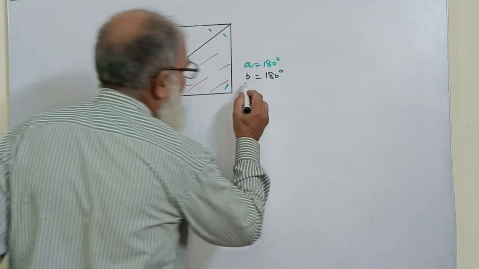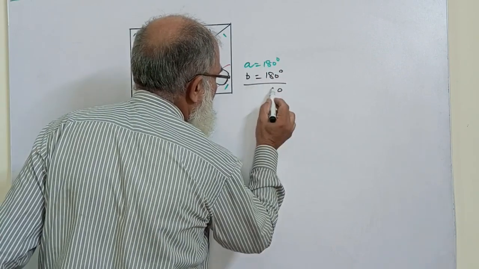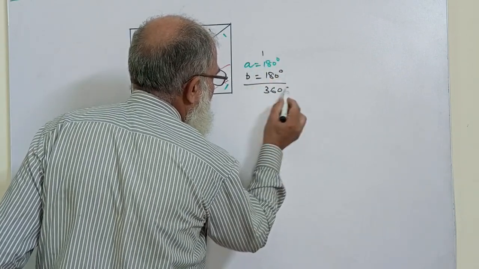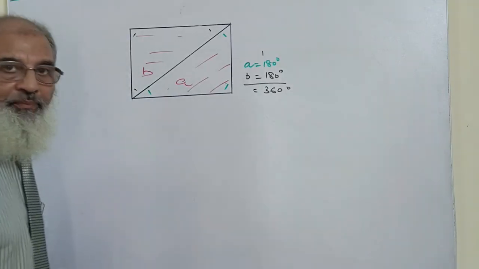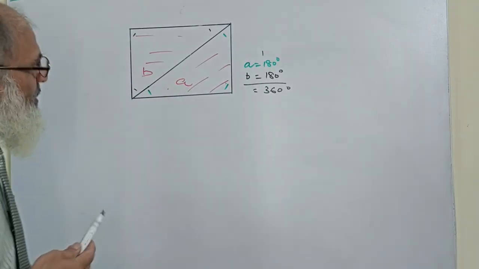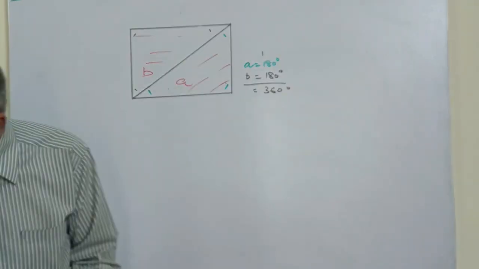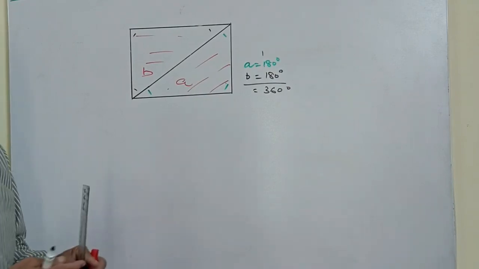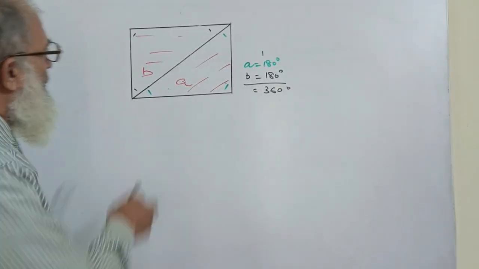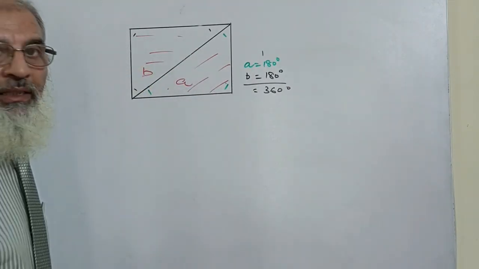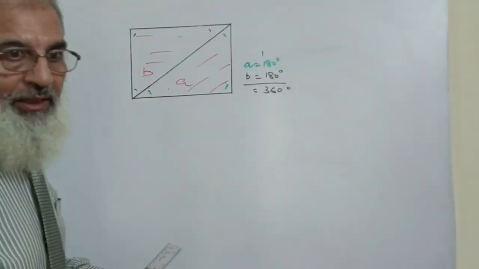Now what happens if I add them both up? It will give us 360 degrees. Now this was one way to tell you how many degrees a quadrilateral contains in its interior angles.